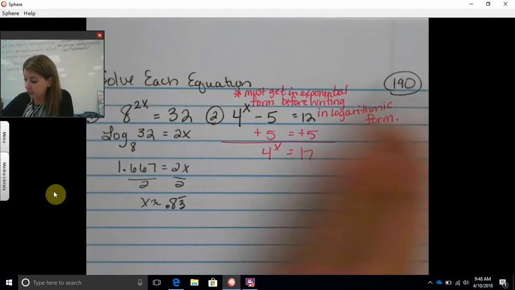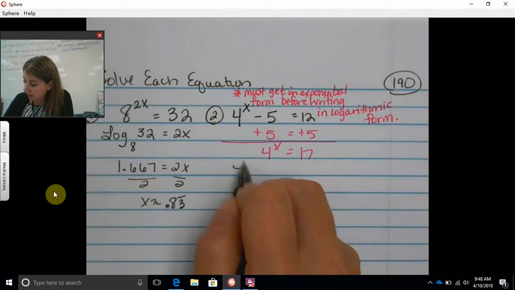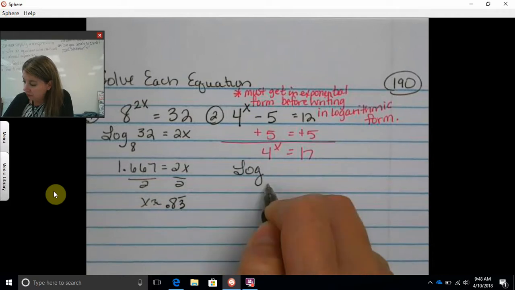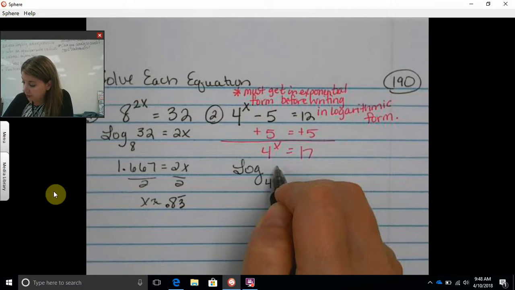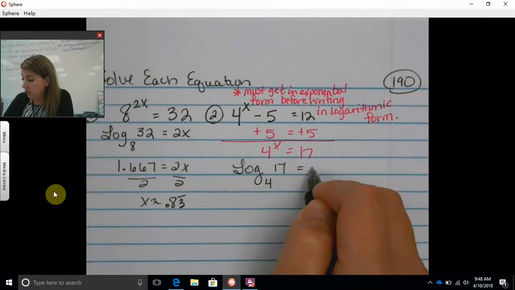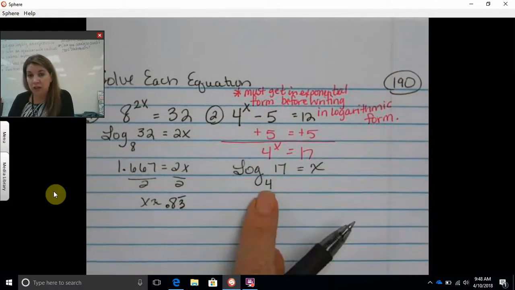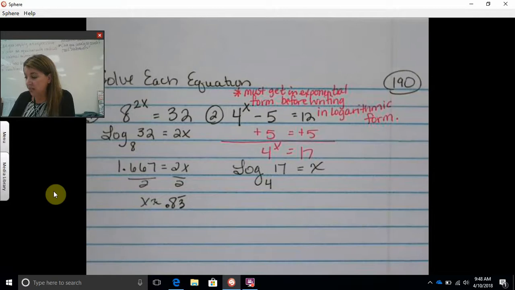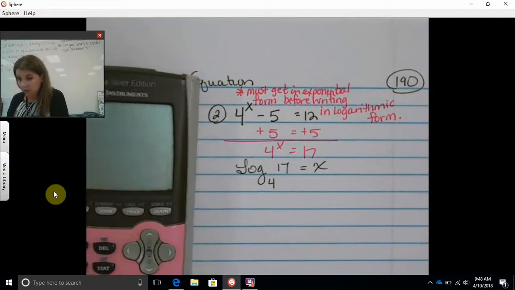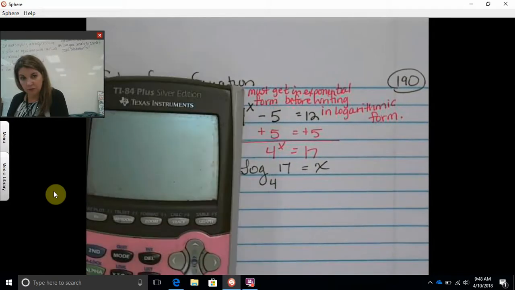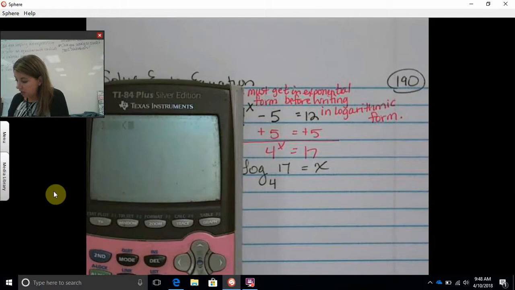So in logarithmic form, that's going to be log base 4 of 17 equals x. I'll use a change of base formula on the left side. So log of 17, close parentheses, divided by log of 4.